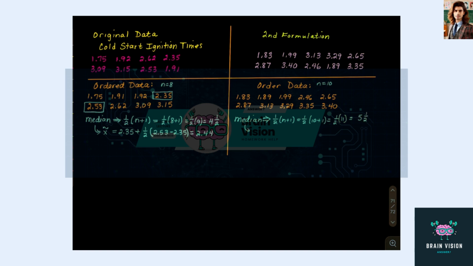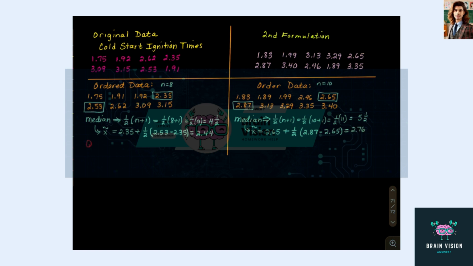So that means we're going to count to the 5th piece of data, and then calculate halfway to the 6th piece of data. So we want the difference between the 6th piece of data and the 5th piece of data. So our median for the new formulation was 2.76.